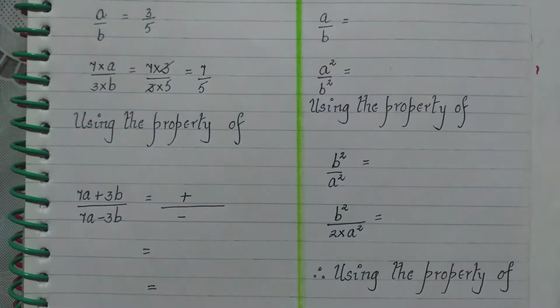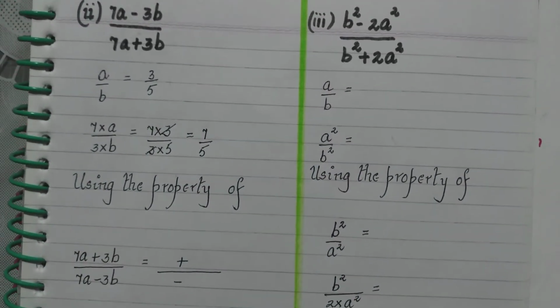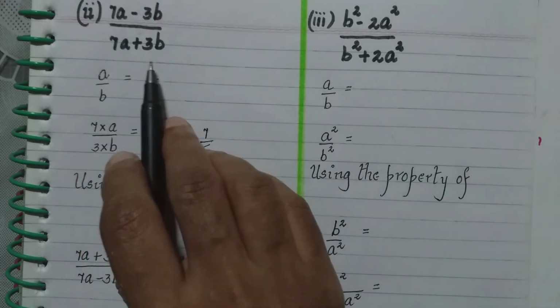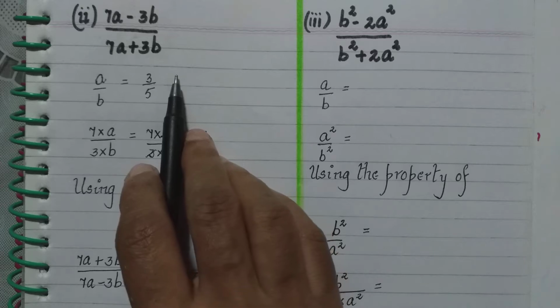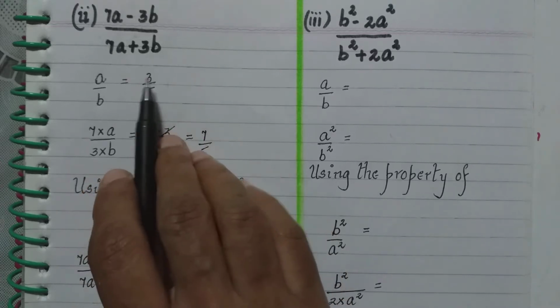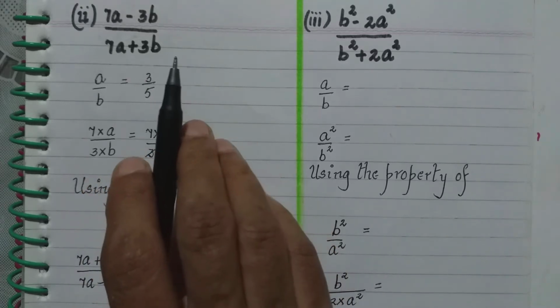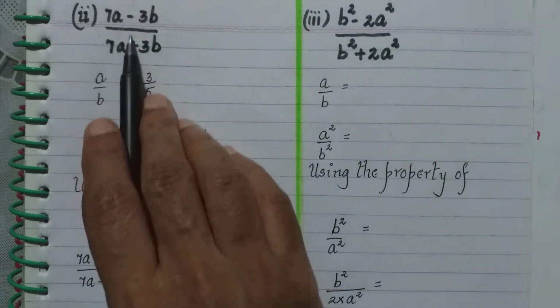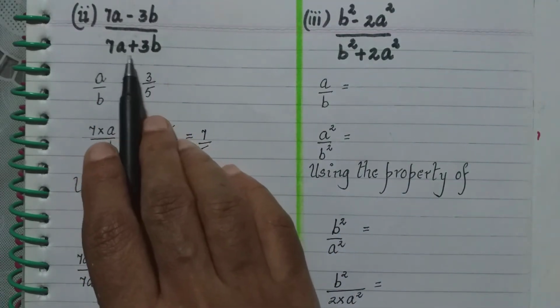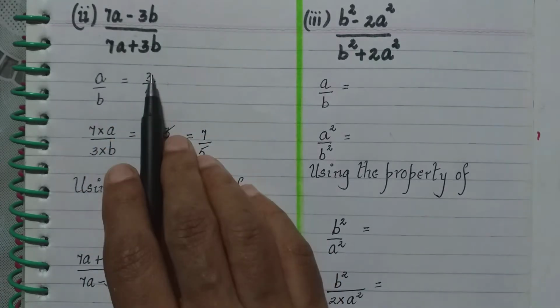Now, what have I to find the value of? 7a minus 3b upon 7a plus 3b. So, which property can we use? We know we can use componendo dividendo, but in componendo dividendo we have the plus sign in the numerator and minus sign in the denominator. So what will we do?